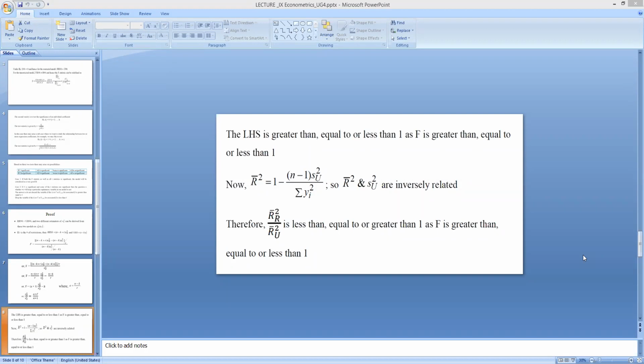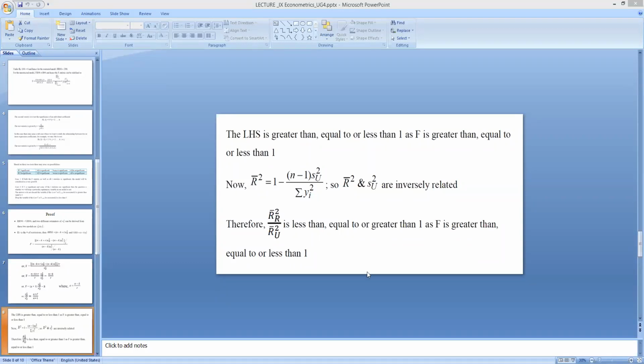So I am repeating, RR bar square less than RU bar square, that is, the unrestricted model is giving the better fit compared to the restricted model when F is greater than 1. The two models are equivalent if F is equal to 1.